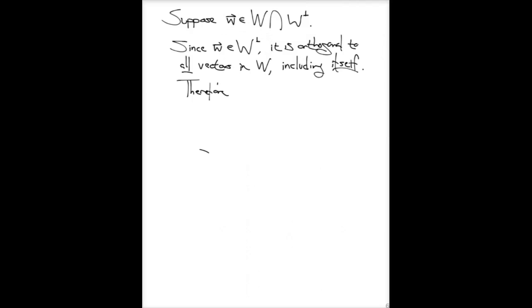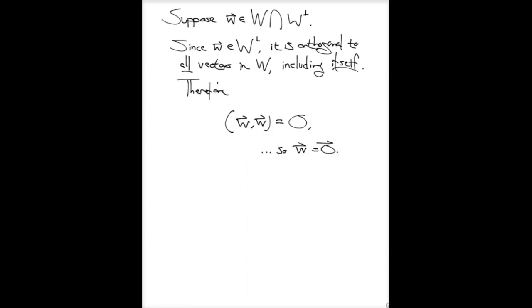Therefore, we can conclude that the inner product of w with itself must be equal to 0, and hence, using one of the first properties that any inner product satisfies, we can conclude that w is the 0 vector. So we've shown now that the intersection of W with its orthogonal complement consists only of the 0 vector.